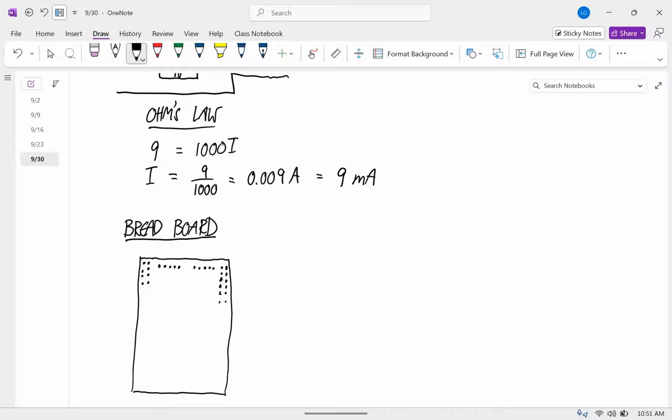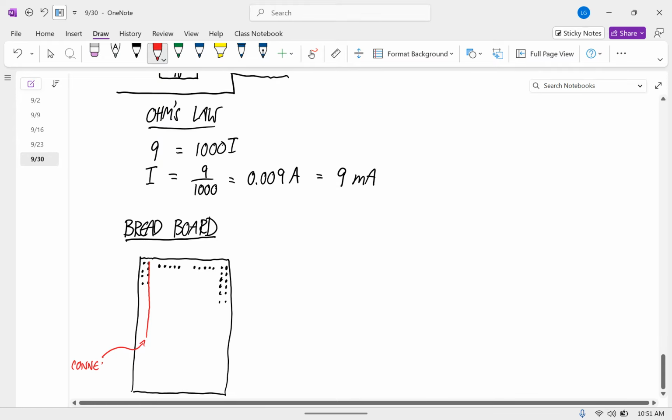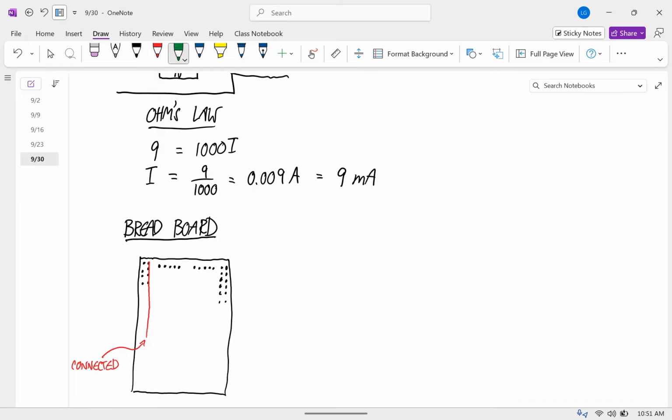And the way it works is these holes are all connected. These holes are all connected. These 5 are connected.